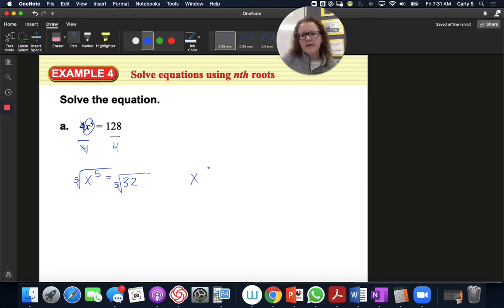Okay, I could also write it like this. I need to take the 5th root of both sides, because that right there, x to the 5th times 1/5 gives me just x. Okay.